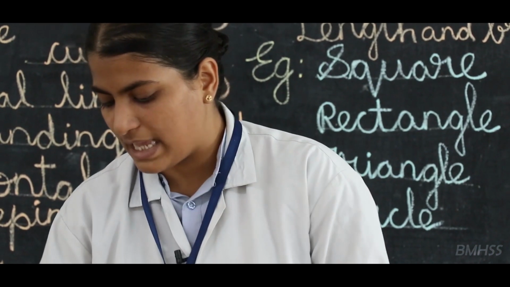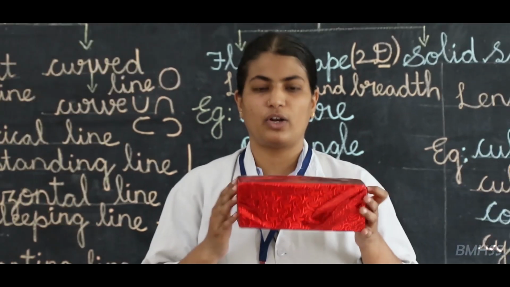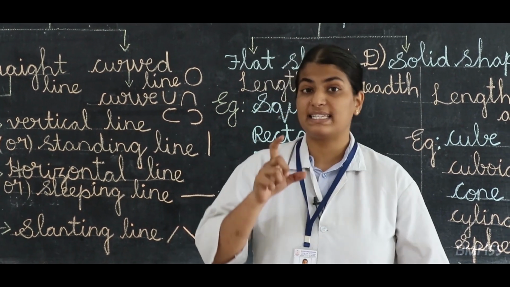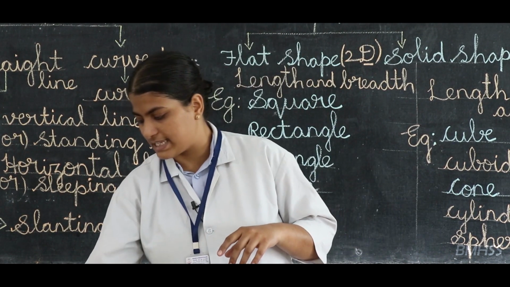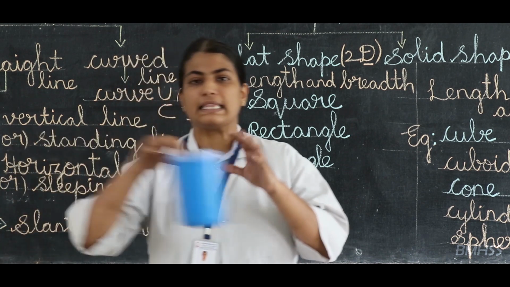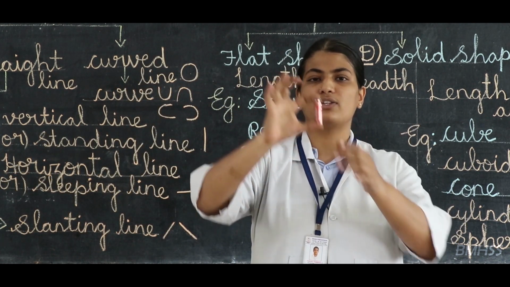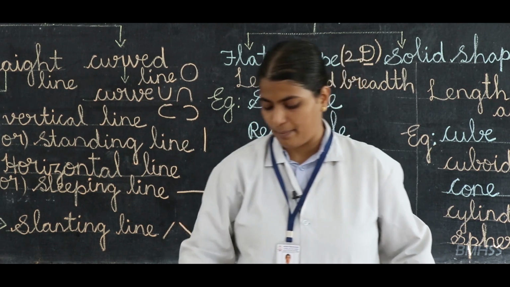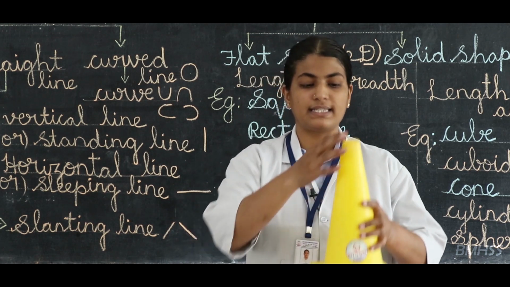Next, the example of a cuboid is a gift pack or gift box or your pencil box. Your pencil box is also in cuboid shape. Next, the example of a cylinder is a container or battery cell. This is also in a cylindrical shape.